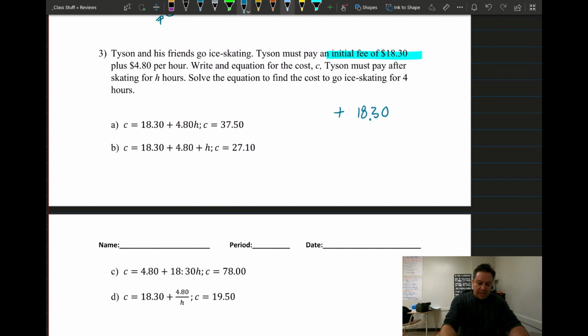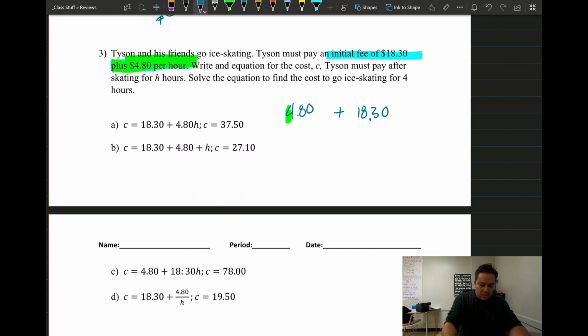Plus, and that's another keyword, plus 4.80 per hour. Per hour, that's a keyword that is going to go with the variable. So we have 4.80 per hour, okay?